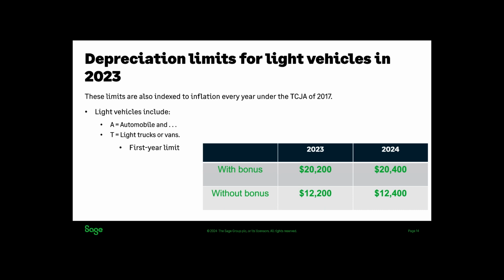Now there are limits that apply to every year of the vehicle's life. They vary depending on if you're looking at year 2, year 3, year 4, but in year 4, that limitation stays for the remainder of the vehicle's life. Well, now those are coded into the program if you're using 2024.1.